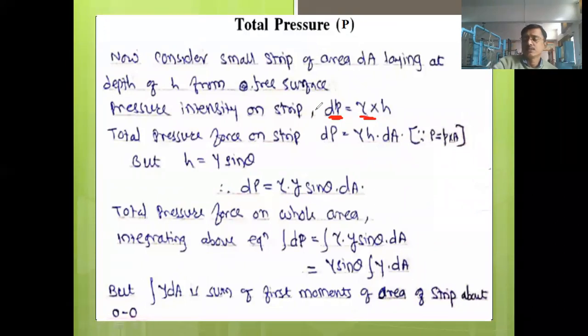So this is the pressure intensity, and if you multiply this pressure intensity by area, then you will get the pressure force. So the total pressure force dP will be equal to, look at this particular notation, this is small p and this is capital P. So this is the pressure intensity and this is the total pressure acting on the strip.